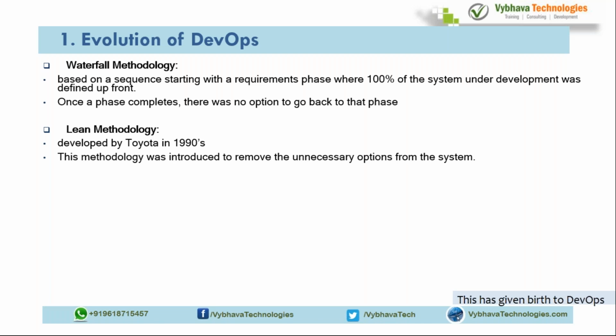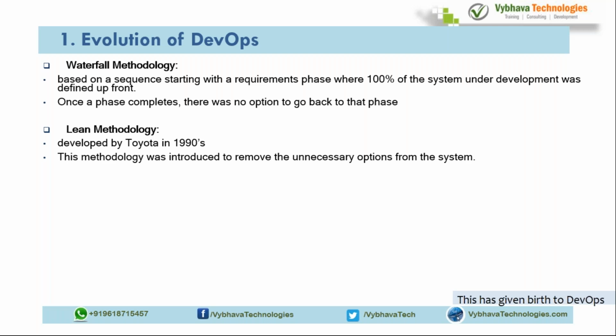They developed it especially for their productivity. This methodology was introduced to remove unnecessary steps from the system: what they are producing, and how they are going to deliver the entire system from the beginning, from each nut, bolt and screw, to the complete car.